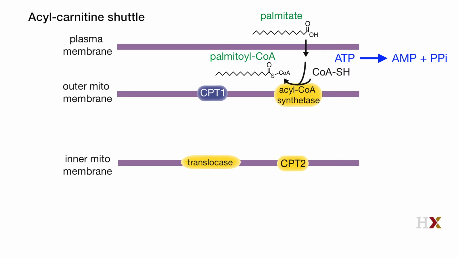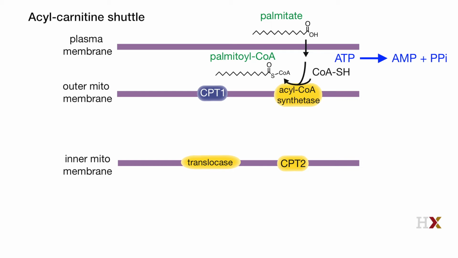So it takes 2 ATP to regenerate 1 molecule of ATP from AMP. Therefore, we say that the formation of palmitoyl coenzyme A requires 2, not 1 ATP molecules. This will be taken into account later when we calculate the amount of energy delivered from palmitate oxidation.